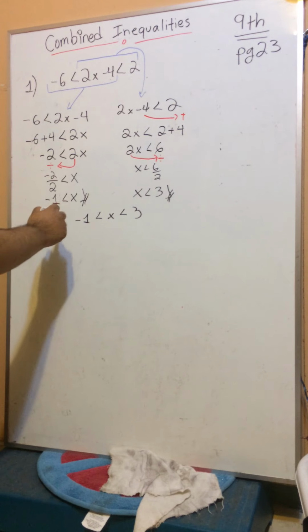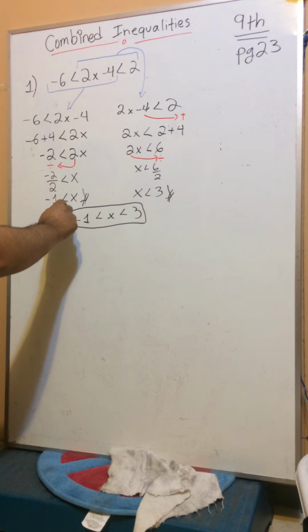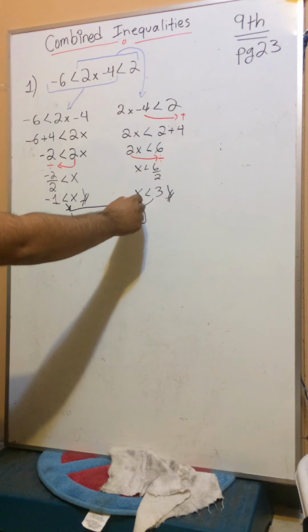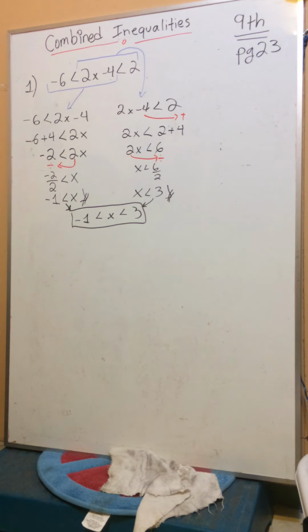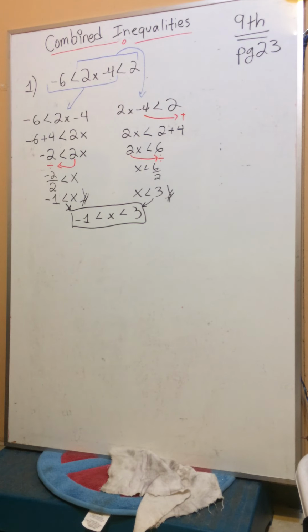So here we have it together, from here and from here. But we need to do these number lines first, that way we'll see exactly where they connect.